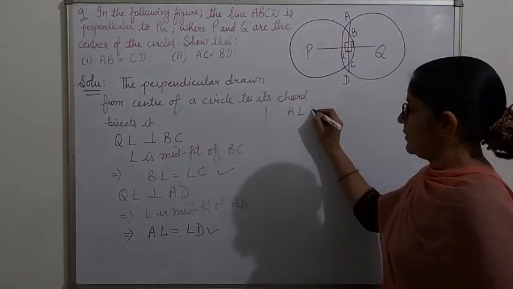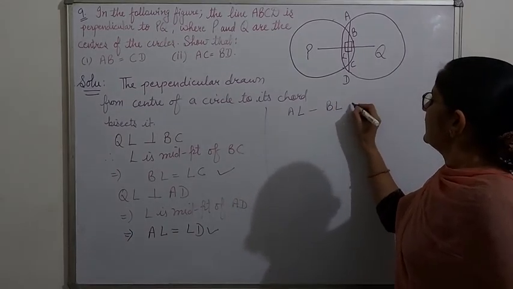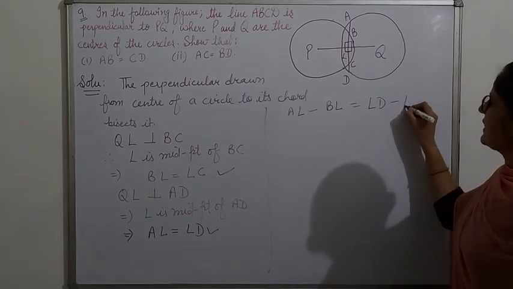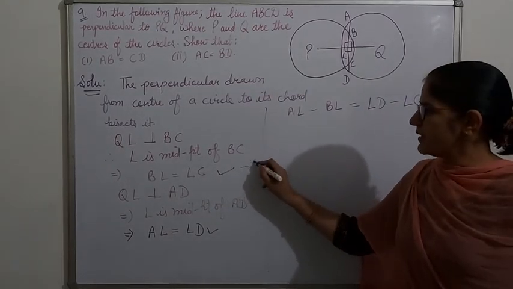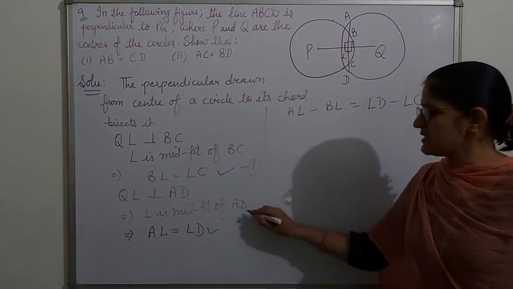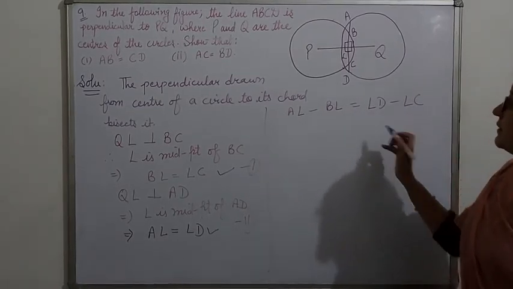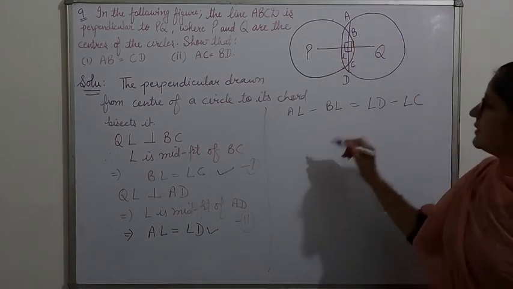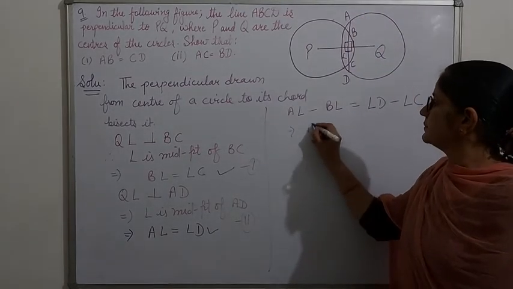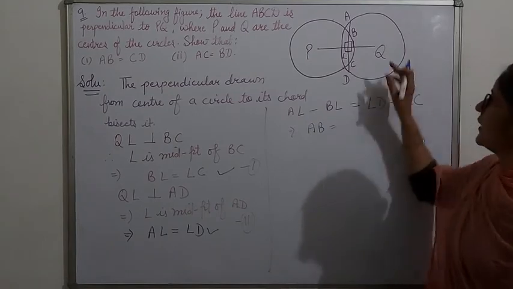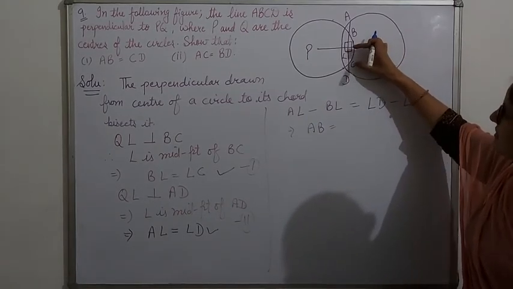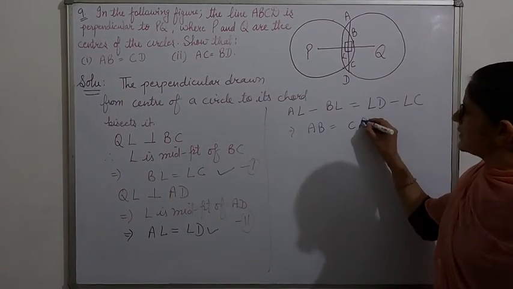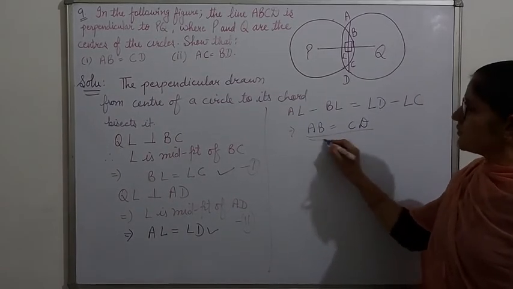AL minus BL is equal to LD minus LC. We subtract the first from the second. AL minus BL, what is left? AB is equal to LD minus CL, what is left? CD. So this is the answer of our first part.